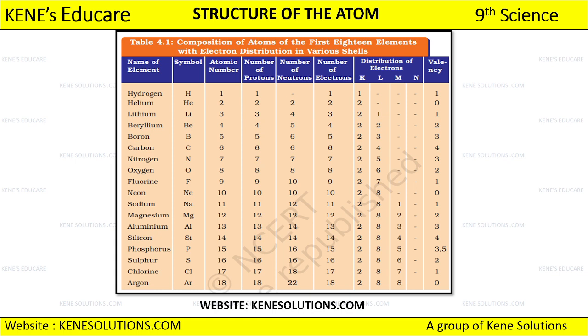You should know all the symbols and then the atomic number that has been given, starting from 1 to 18.